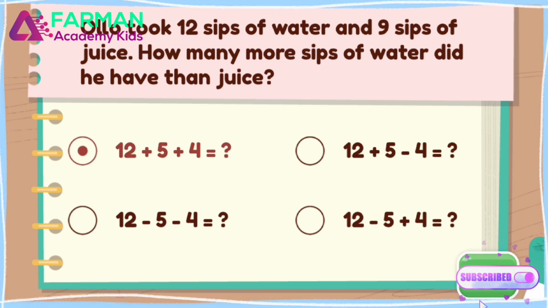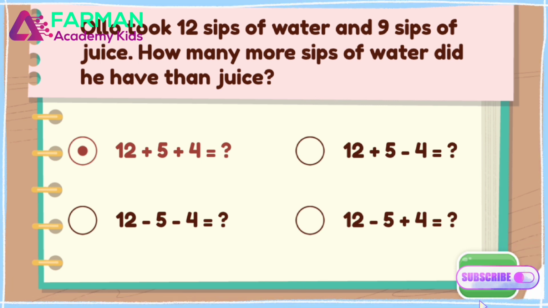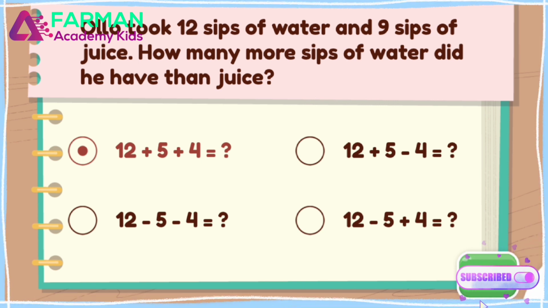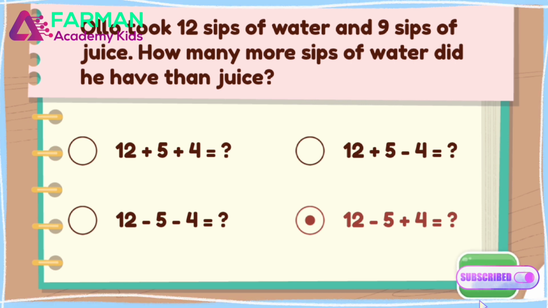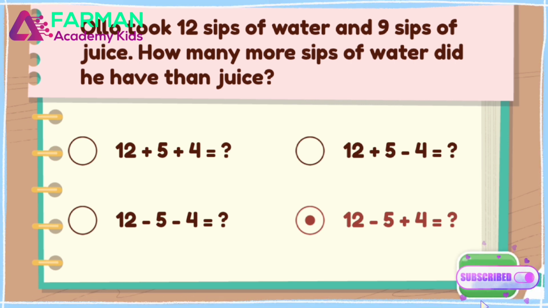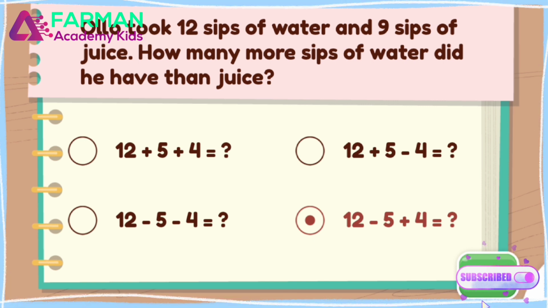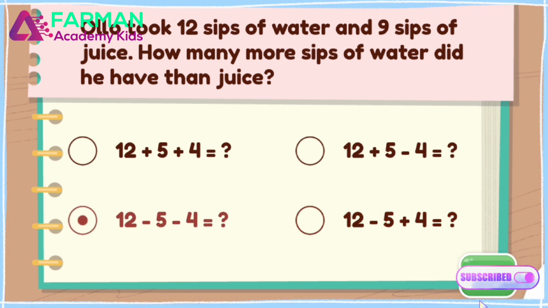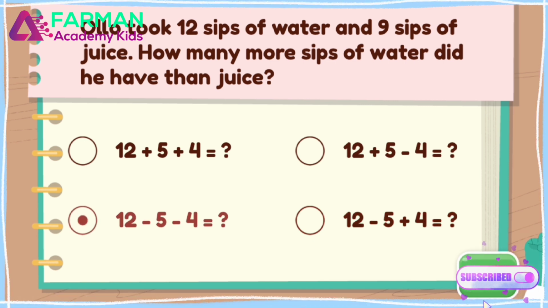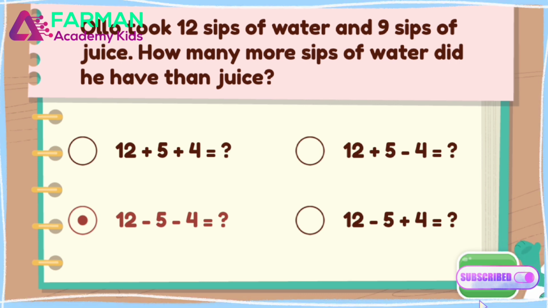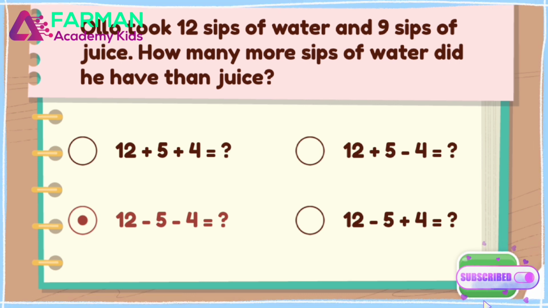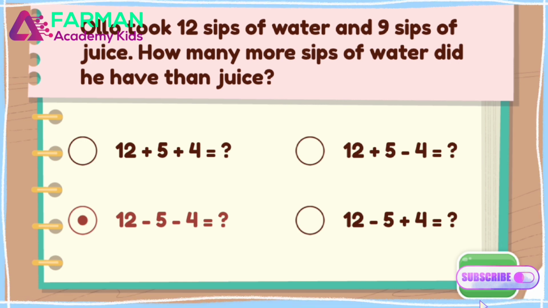Oops! To solve the problem, we want to take away 9 total. You did it! 12 minus 5 minus 4 is the same as 12 minus 9.